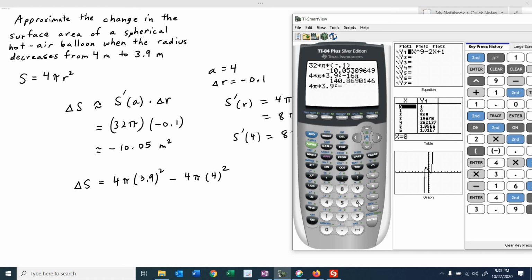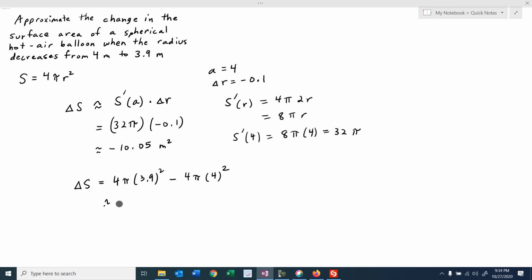So minus 64 pi. And so that's the exact change in the surface area. It's like negative 9.93 if you round it off. So that's a pretty good approximation. Again, this is the exact change in the surface area that occurs, and this is the linearization approximation of the change in the surface area.